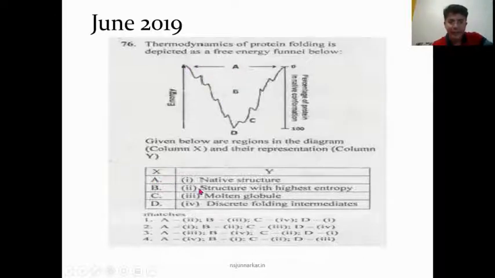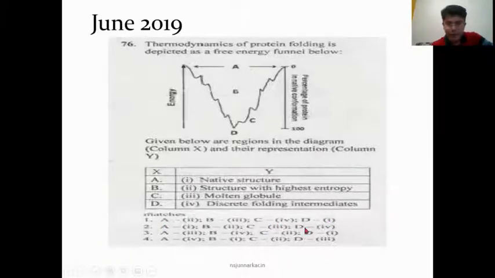So A is the structure with highest entropy, and D is the one which is 100% in the native conformation, so the native structure is D1.